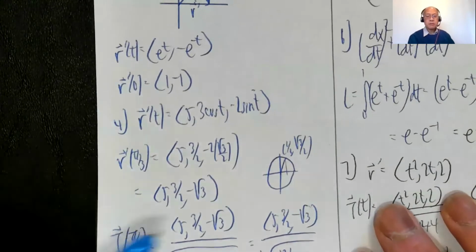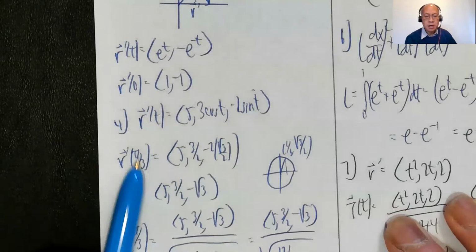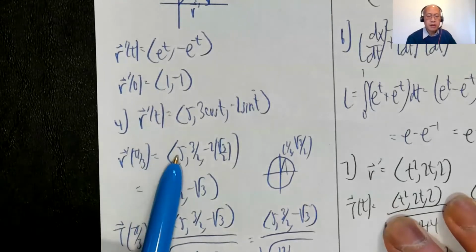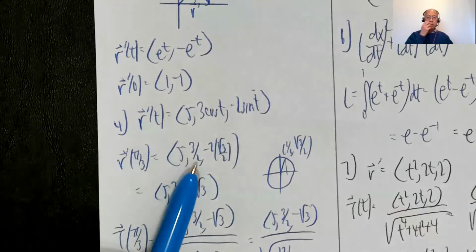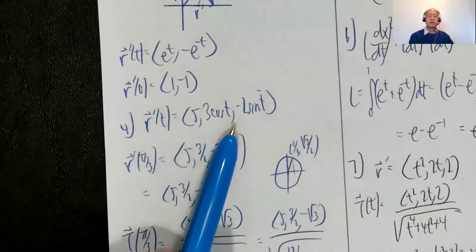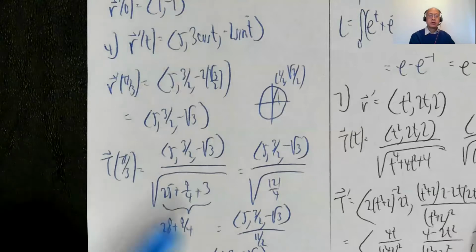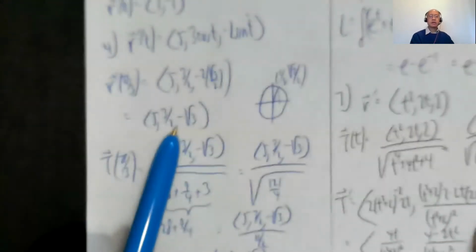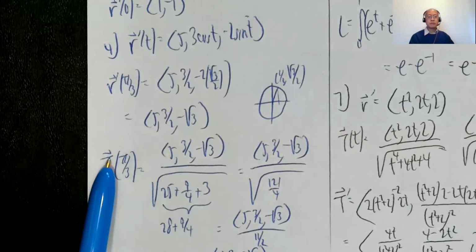Okay, number 4, r prime is 5, 3 cosine t, negative 2 sine t. Plug in pi over 3. 5, 3 times cosine of 60 degrees, which is a half, so 3 halves. And then negative 2 times sine of pi over 3, which is radical 3 over 2. So I have 5, 3 halves, negative radical 3. To make it into a unit tangent vector, I just divide by its magnitude.